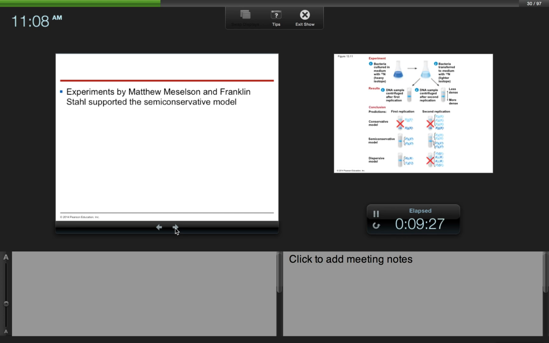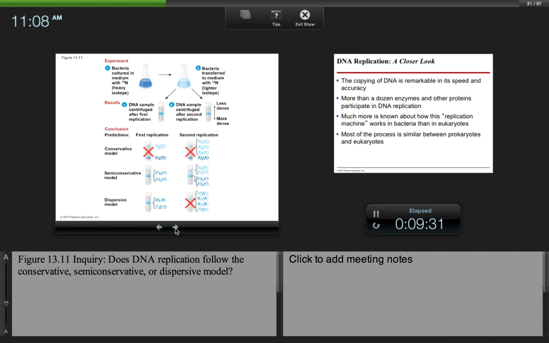Experiments by Meselson and Stahl supported the semi-conservative model. So they started with DNA that was cultured in a medium of heavy nitrogen, so just N15. And then they transferred the bacteria to a medium with light nitrogen.